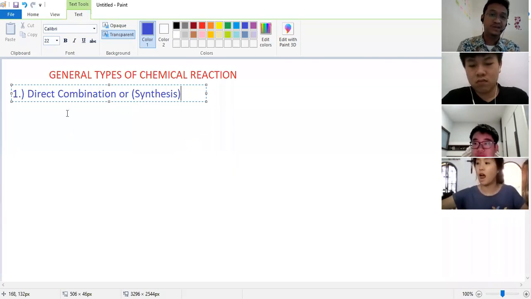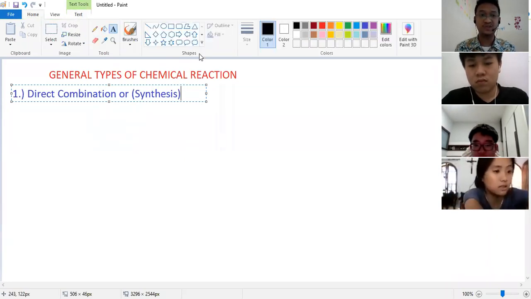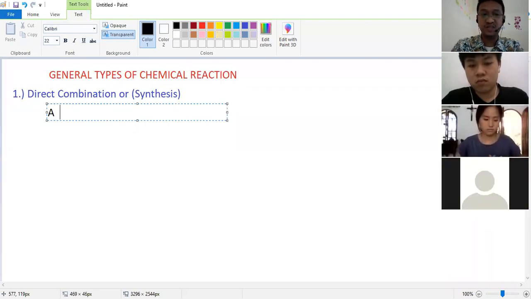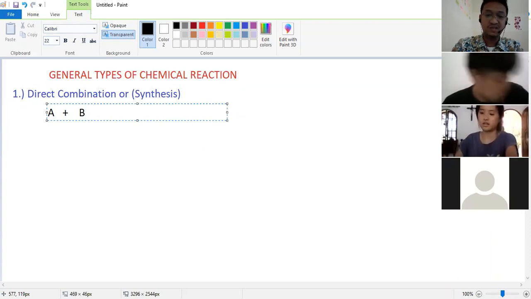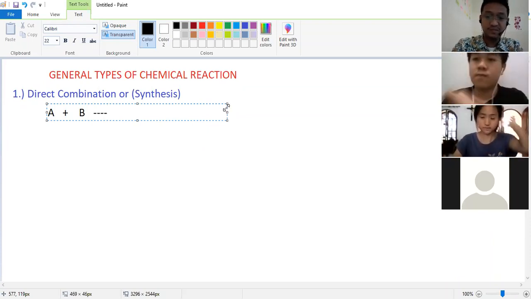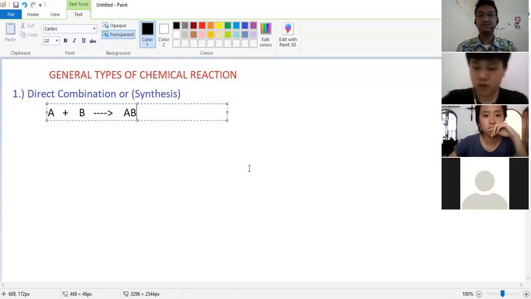Now, in direct combination, it is easily described when we deal with this pattern of the reaction. So let me show you the pattern. The pattern of direct combination goes this way. You have substance A that reacts with substance B, and after the reaction, it will become substance AB.